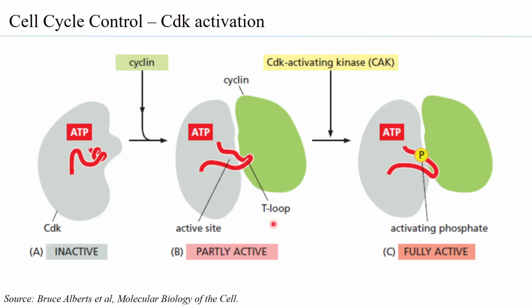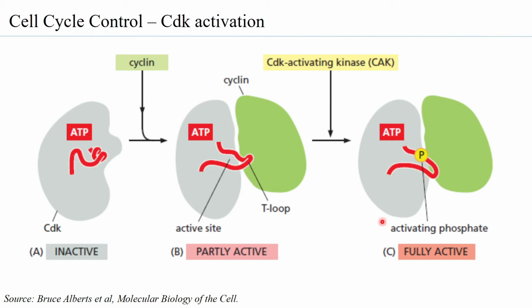Now, another regulatory enzyme called the CDK activating kinase, CAK, comes, and it's a kinase, so it will phosphorylate. It specifically phosphorylates the threonine residue, and once it does, the CDK becomes fully active, and now it is going to act as a kinase.